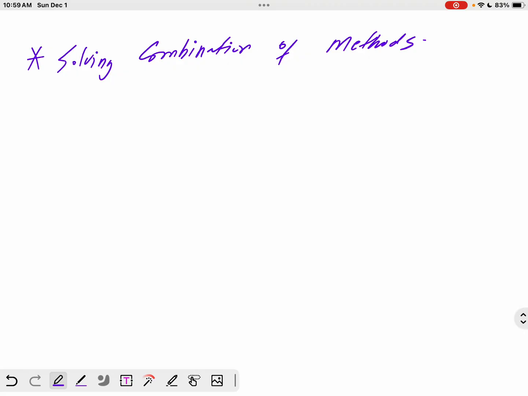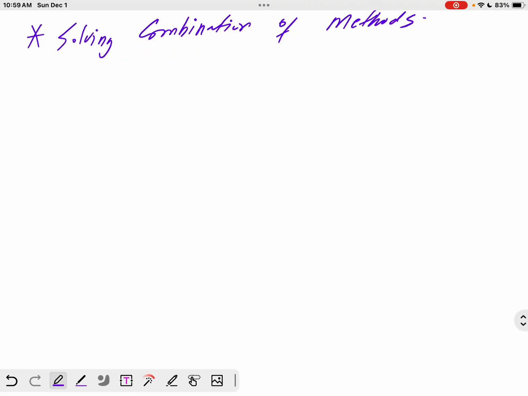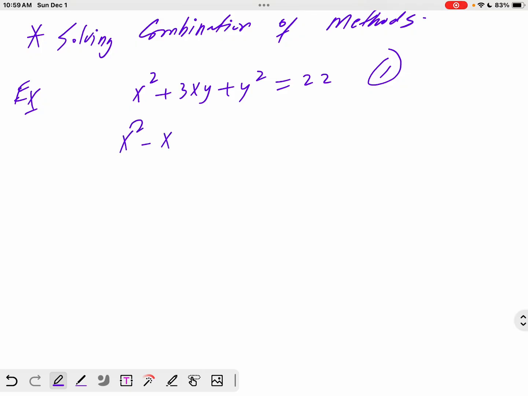So we use the elimination and substitution in both. Let's try it. Here the first equation is x squared plus 3xy plus y squared equals 22. Then the second is x squared minus xy plus y squared equals 6.